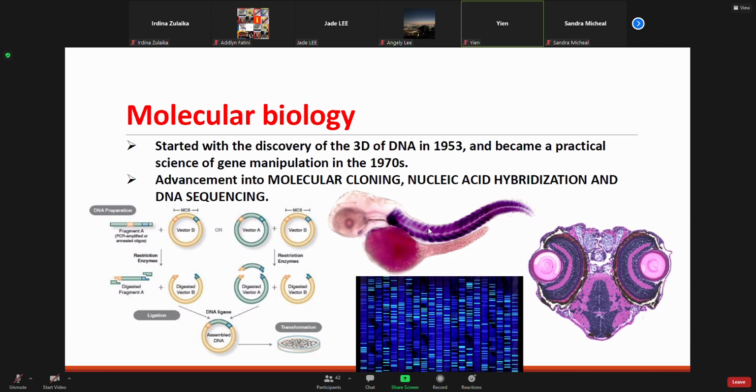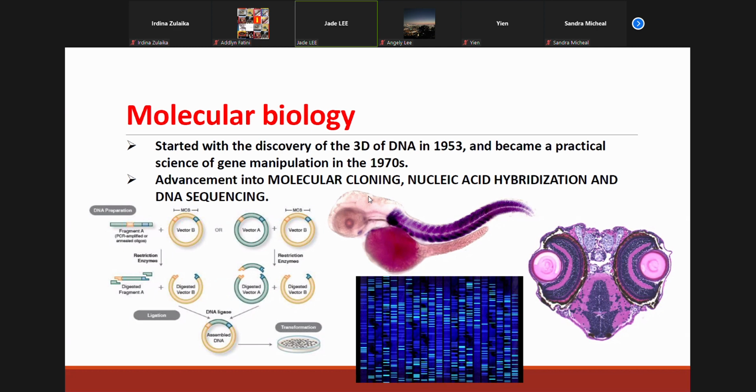And this is how we study gene expression. If a gene is strongly expressed in a specific domain or location, that means this gene is very, very important in that part. They have a very important role in that part. If not, they will not be there.